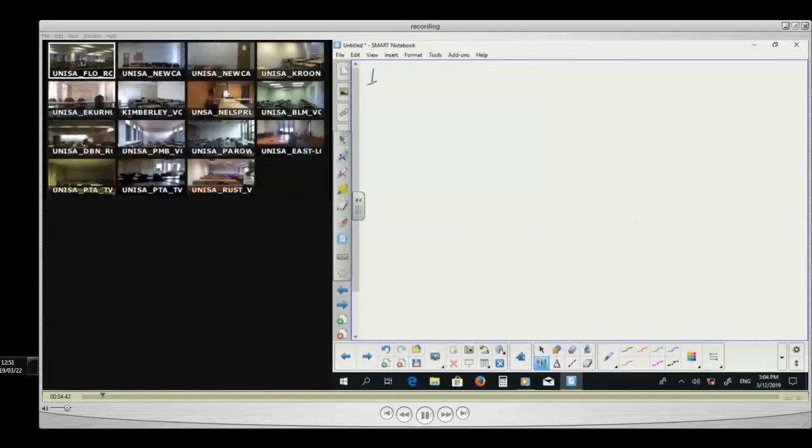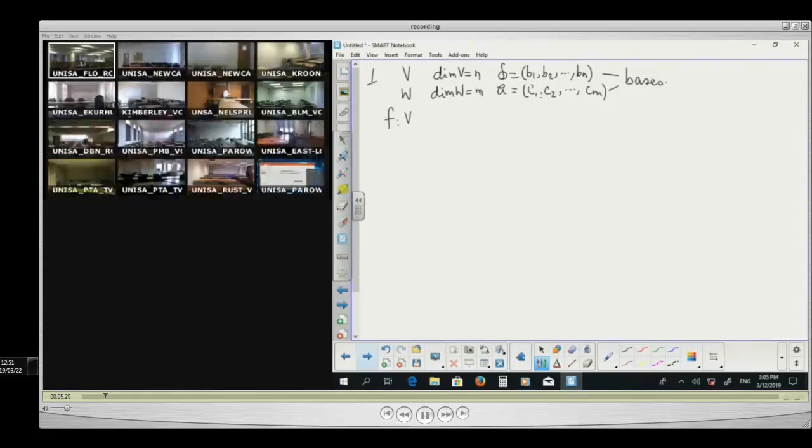So suppose we have V and W, dimension of V is n, this is its coordinates, this is its basis, W with the dimension of W is m, and these are a basis, and V to W we have a linear transformation.